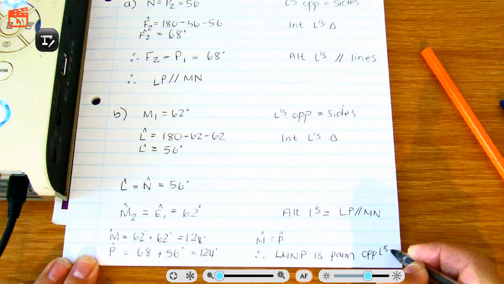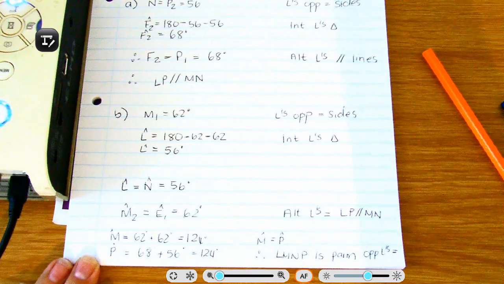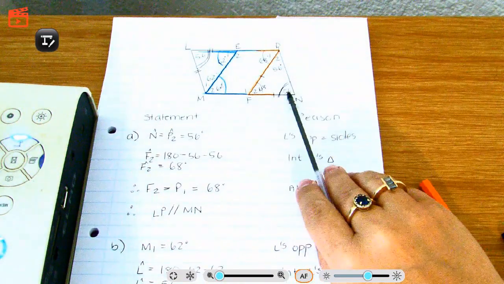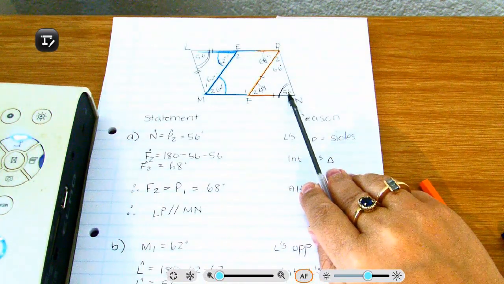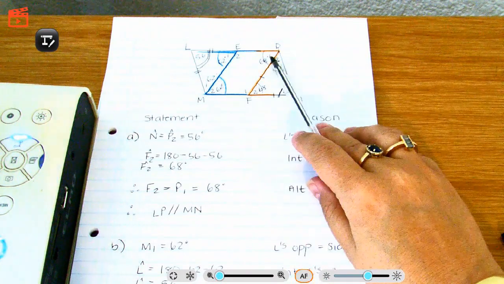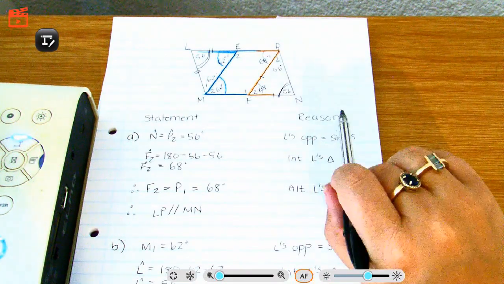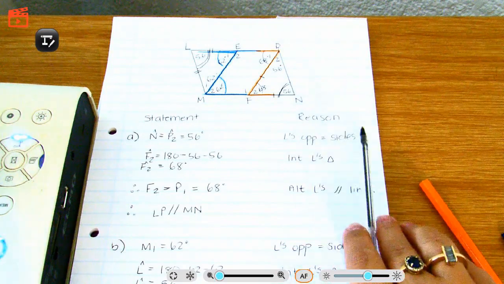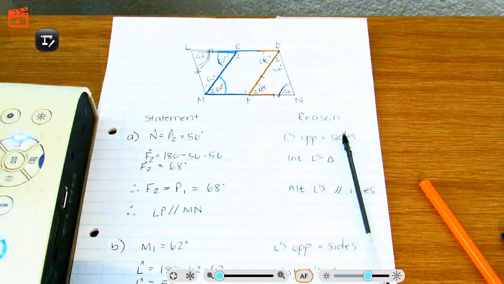So you can see here we've proven that L and N are both 56 degrees, and we've proven that M and P are both 124 degrees. Our opposite angles are equal, which means it is a parallelogram.